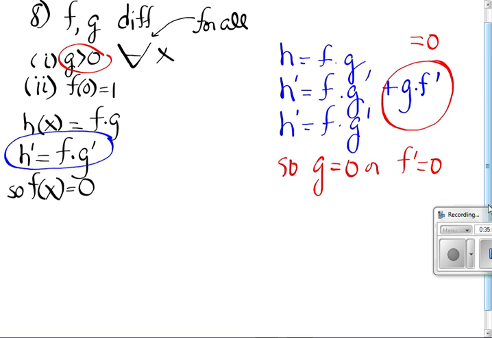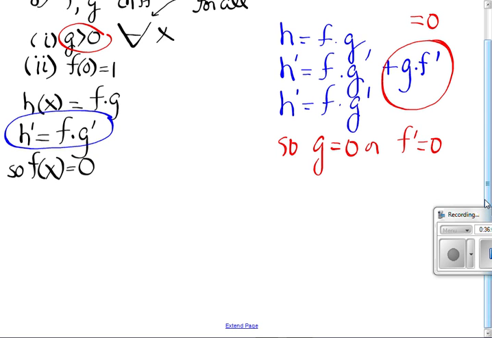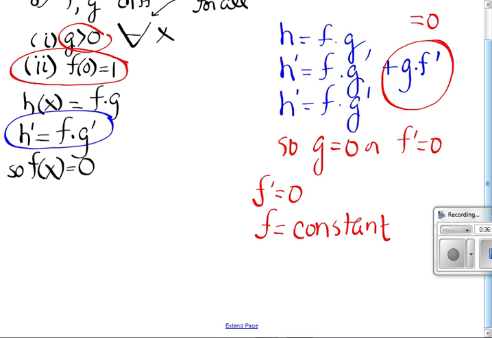Are you seeing the sequence of my thinking? Okay, just going in order. So if the derivative of some function is 0, then what does that tell you about the function? It's just a constant. And they told me what the constant was, because they didn't give you extra information for nothing. They told you it's 1.